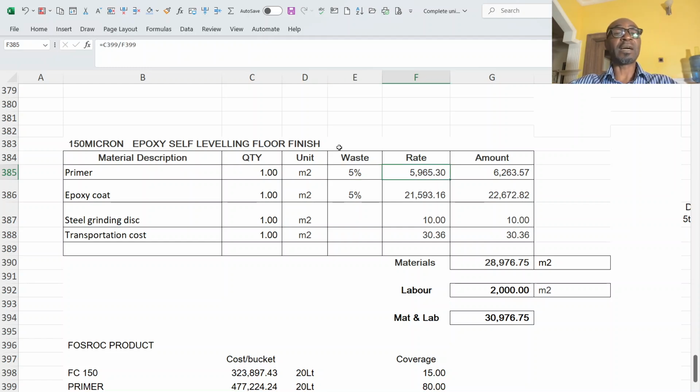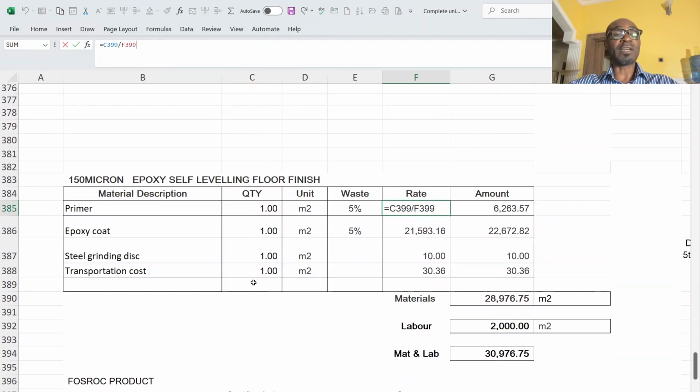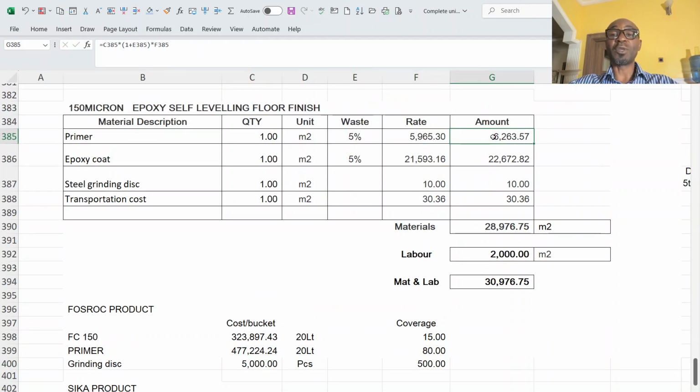So if you divide 477 by 80, it gives you 5,000 for the primer plus the waste. It gives you 6,263.